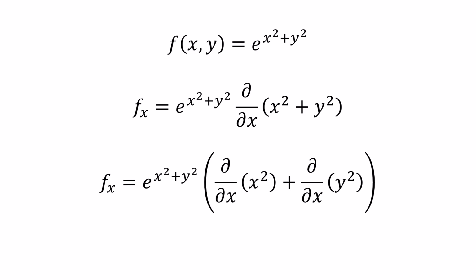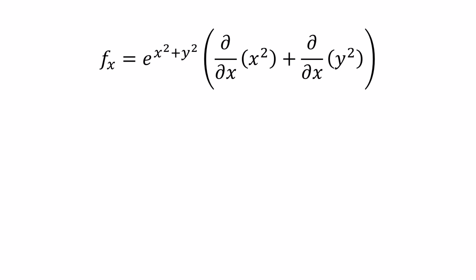f_x = e^(x²+y²) times d/dx of x² + d/dx of y². Differentiating then gives f_x = e^(x²+y²) times 2x + 0.